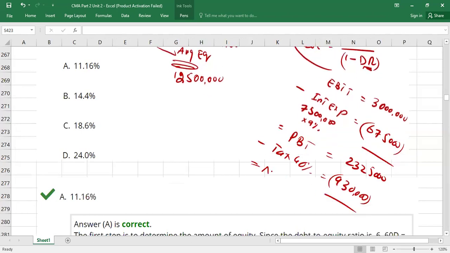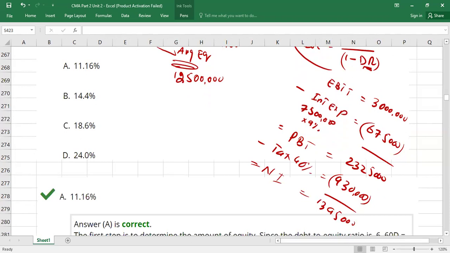Deduct, and this is going to be your net income. So net income is 2,325,000 minus 930,000, which is going to be 1,395,000. Okay, so this is my net income.